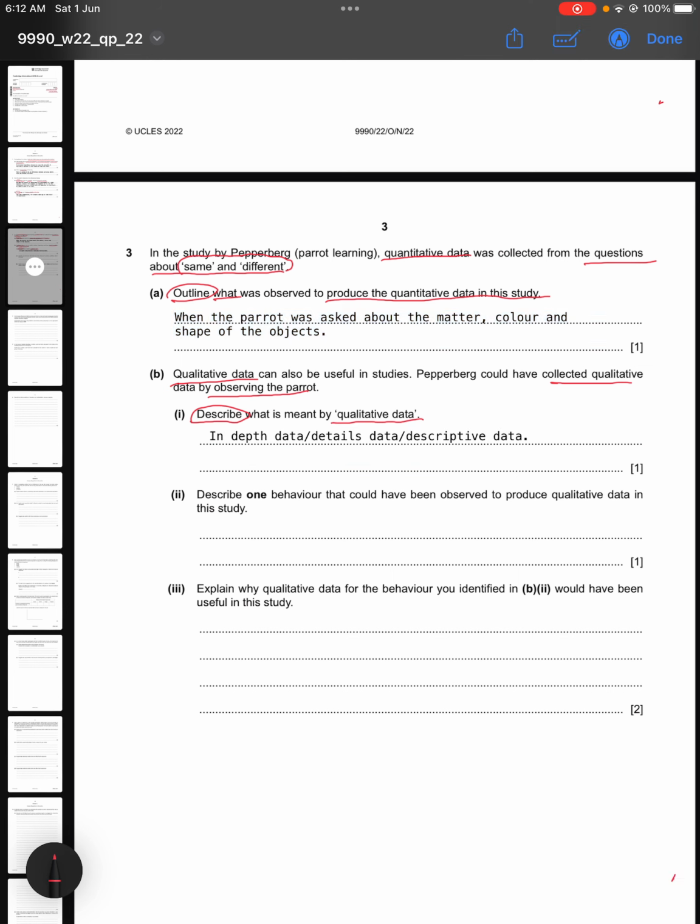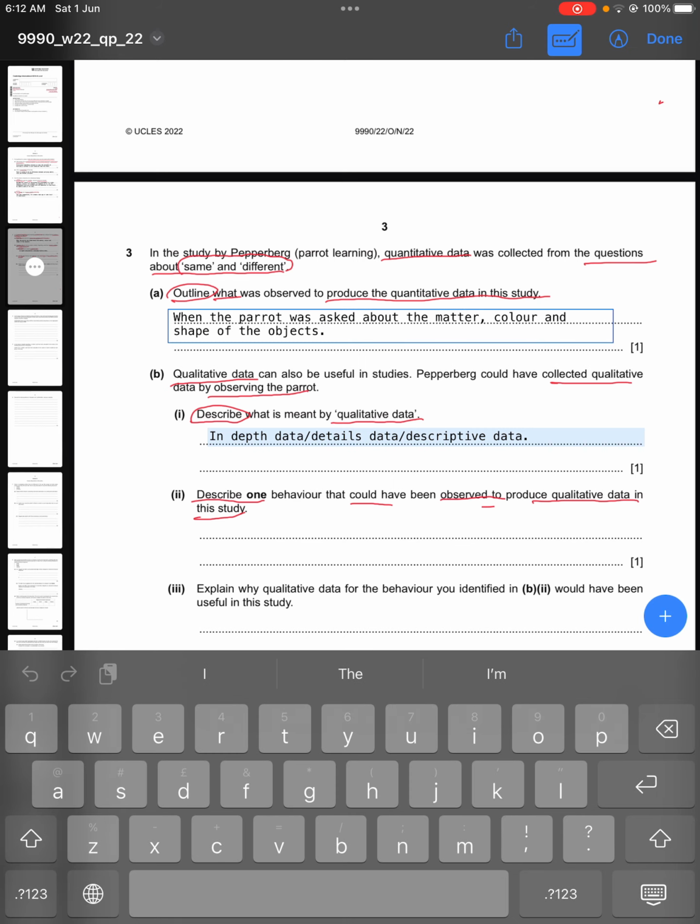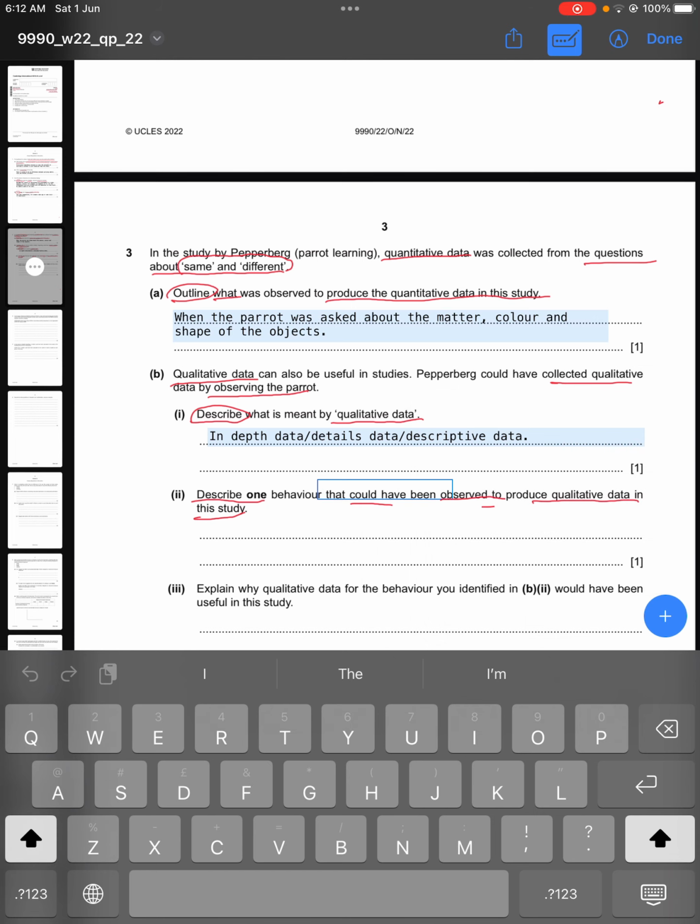And then part 2 says describe one behavior that could have been observed to produce qualitative data in this study. So you can write any observation that could have been done in the study by Pepperberg, like how the parrot could have been observed.